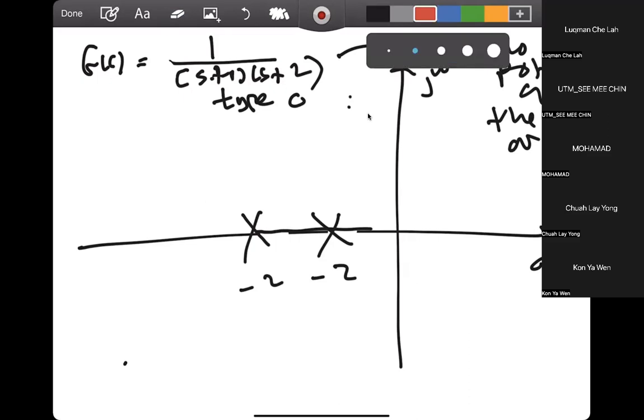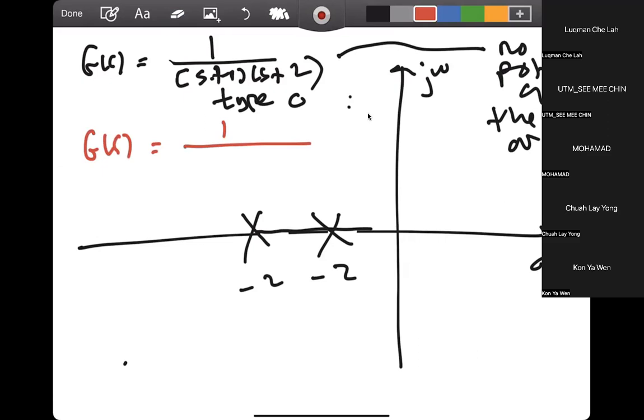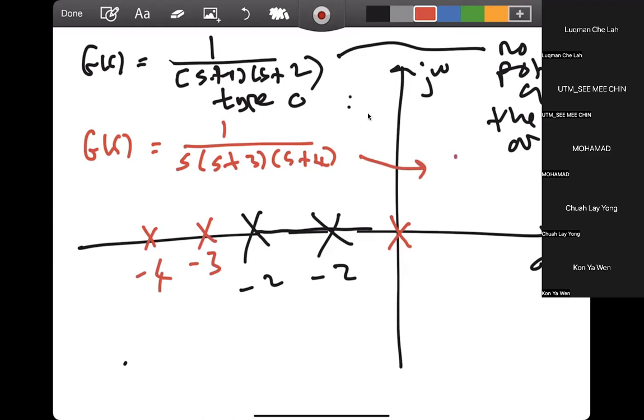And then another example, which is 1 over s, then s minus 3 and s minus 4. This one we call a type 1 because there is 1 pole at the origin.